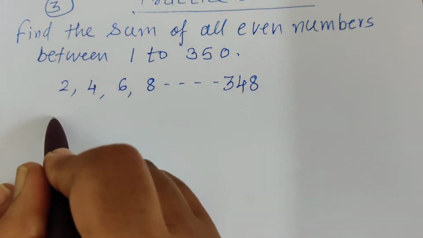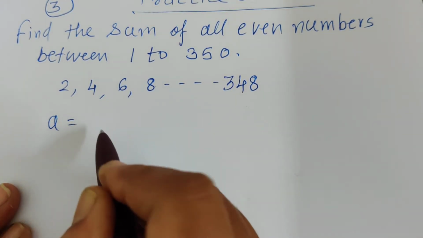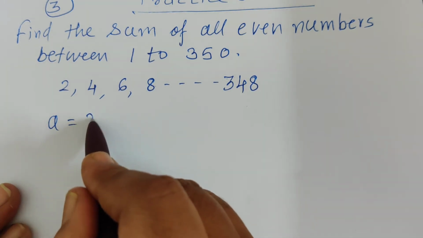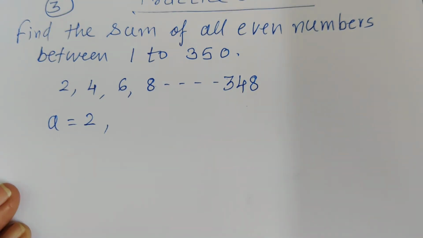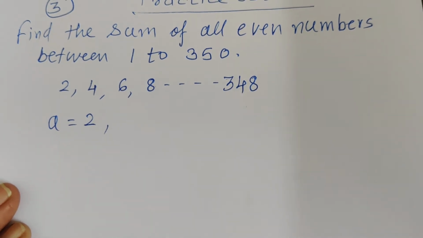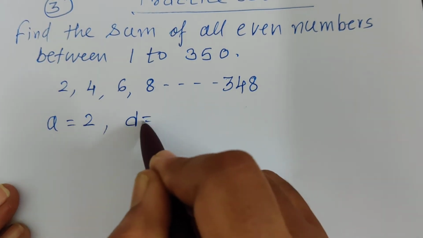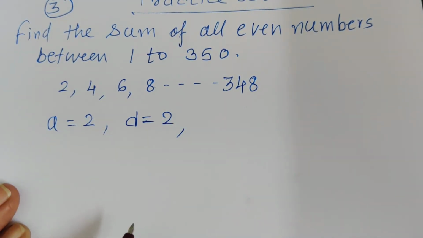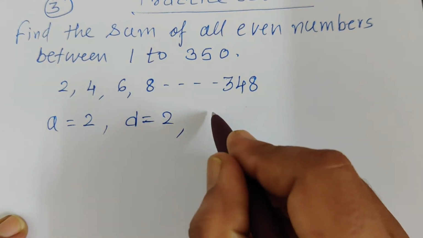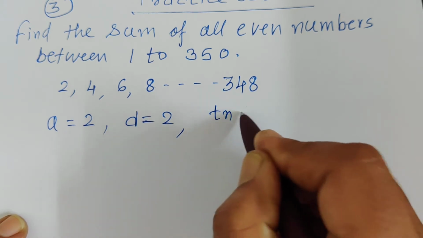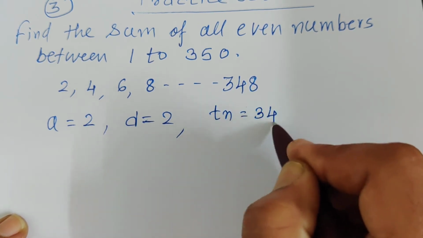For that we need a. So a is equal to 2, the first term is 2. As it is even numbers, d is also equal to 2. And 348 we will consider as Tn. Tn is equal to 348.